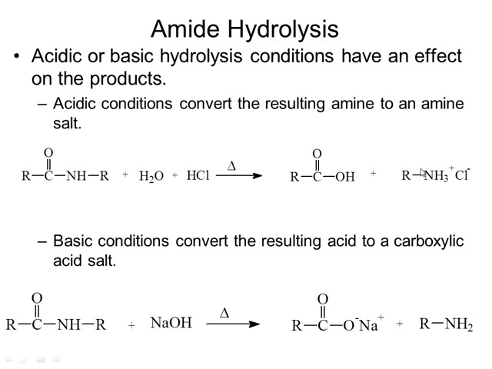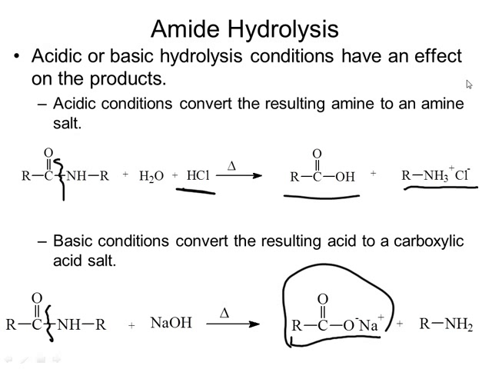So if we look at this, here's the generic. Notice, again, I break it apart here, and I get my carboxylic acid. But because this was acid catalyzed, we get the substituted ammonium salt. Here, the same amide is broken apart by base to give us the amine and the carboxylate ion.